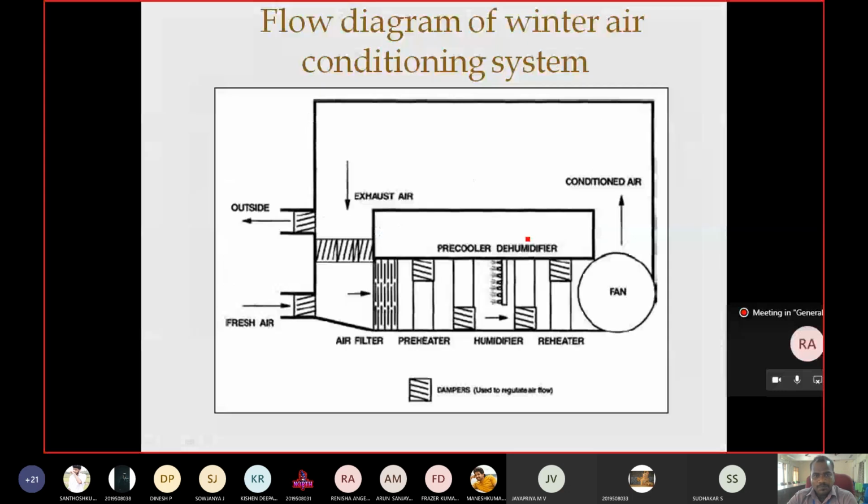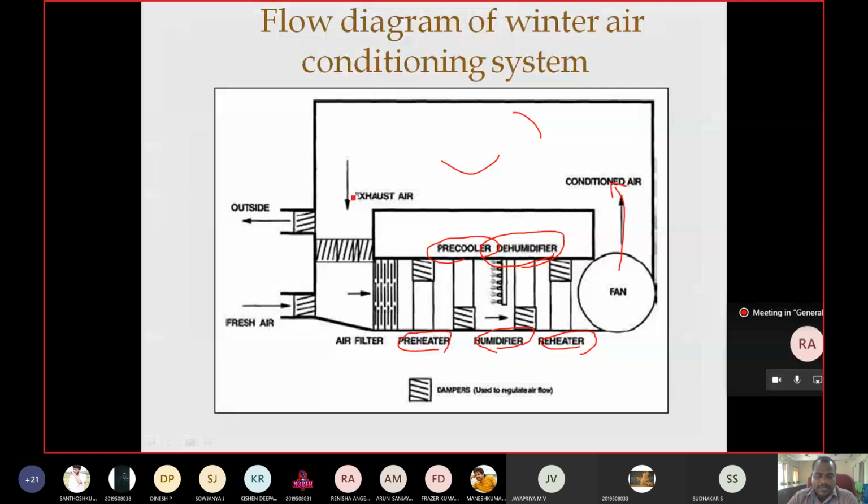Then actually this is the flow diagram of our winter air conditioning system. So the other components are the same, but here we have the heating coil, right? Preheater and reheater. Then we have a humidifier and dehumidifier. Then we need coolers also. We need a fan to circulate the air. So this conditioned air is passed through the room wherever we want.